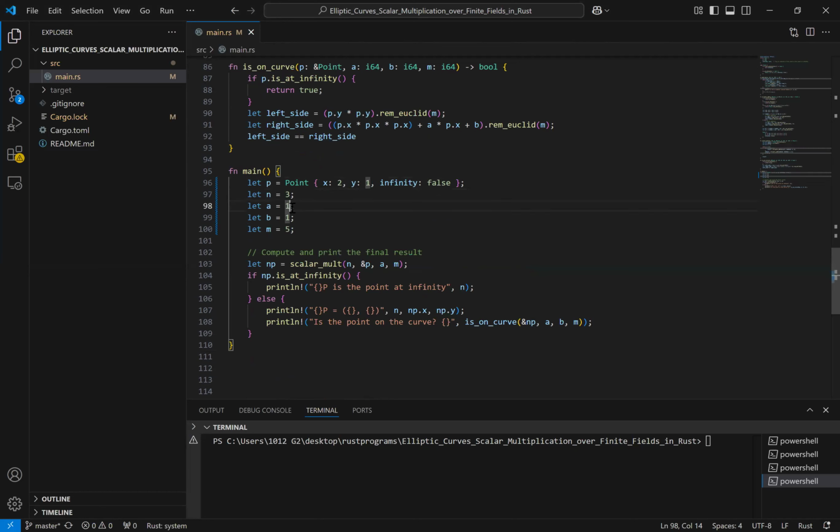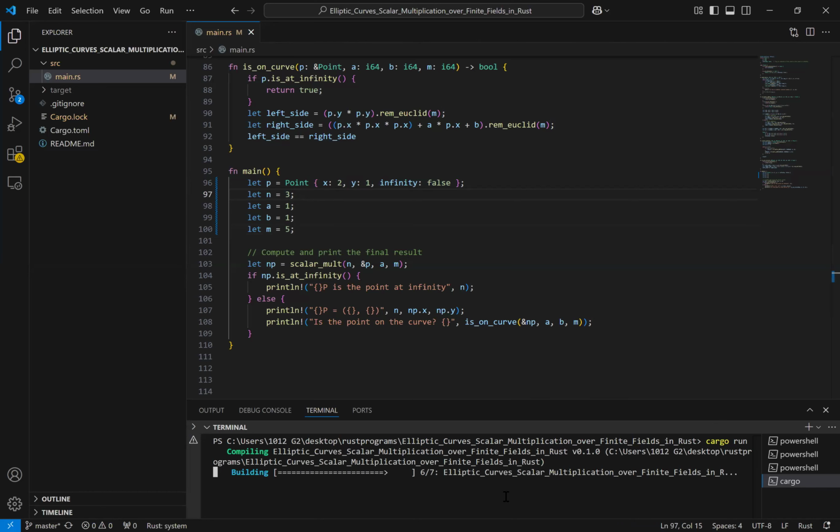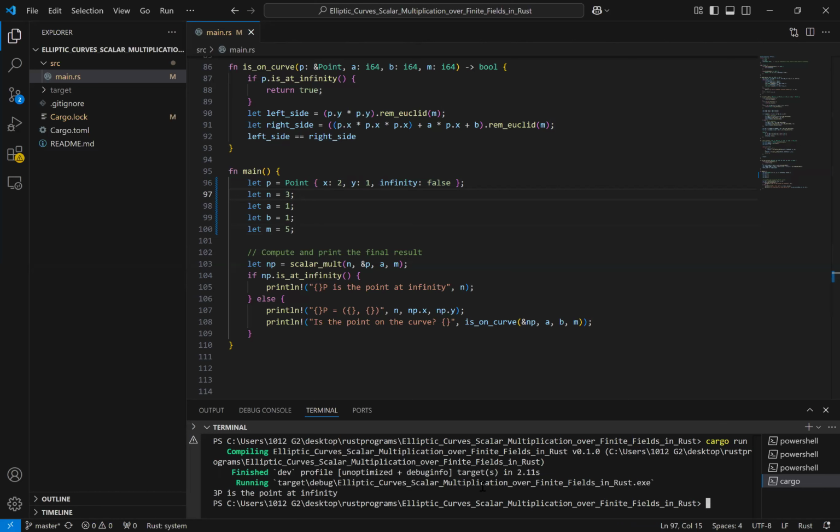And my elliptic curve A was 1 and B was 1, but the mod was 5. So I want to see whether 3 multiplied by that point gives me the point at infinity. So I run it. And when I run that, it tells me that 3P is a point at infinity.